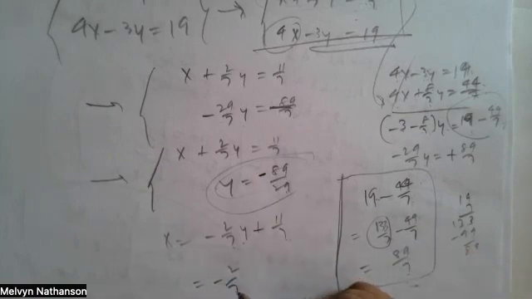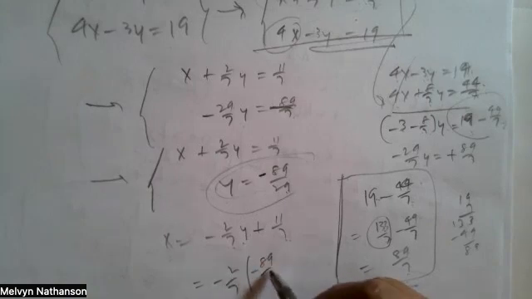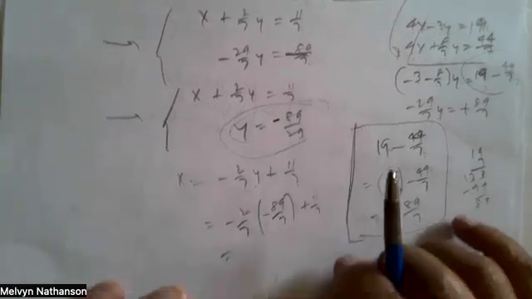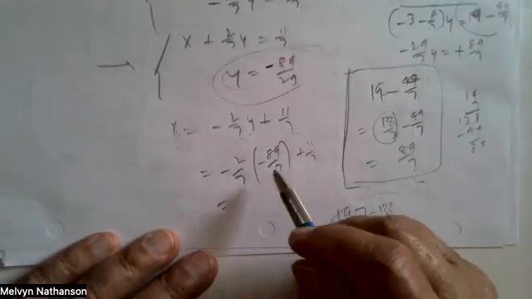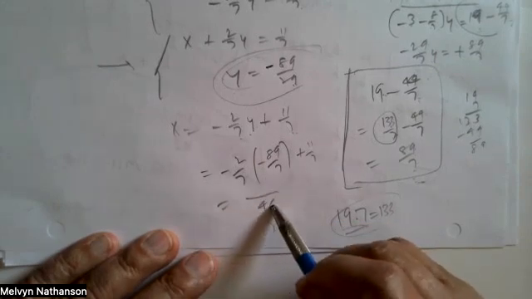So this is minus 2 over 7 times y, which is minus 89 over 29, plus 11 over 7. So if I'm lucky and my arithmetic is correct, this is something over 49.